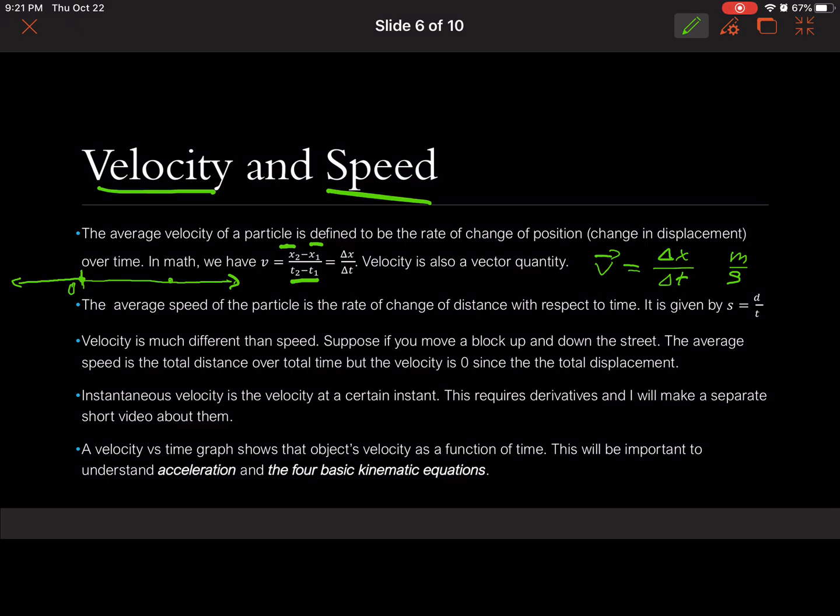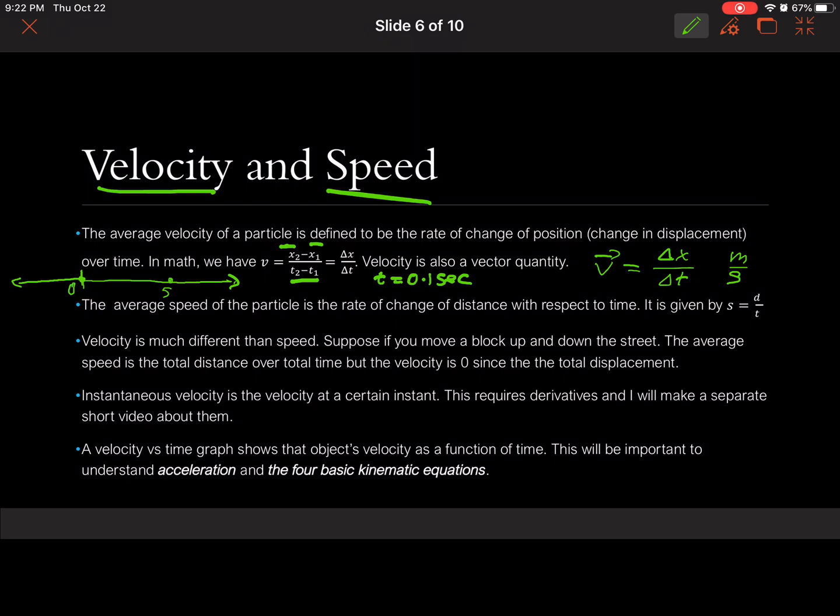So let's say I've moved from x equal to 0, and units here are in meters, to x equal to 5. But let's say I'm like a cheetah, and I cover that distance in 0.1 seconds. What is the velocity?